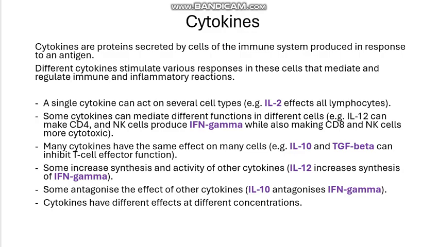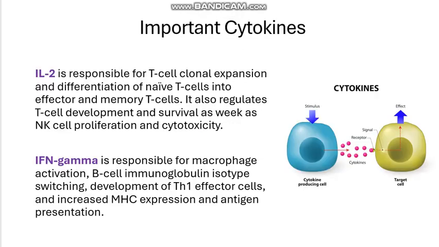So, for example, interleukin-12 can increase synthesis of interferon gamma. And some can antagonize the effect of other cytokines, so they have inhibitory properties, like interleukin-10 can antagonize interferon gamma and interfere with any signals that interferon gamma is trying to put out there. Cytokines have different effects at different concentrations as well.